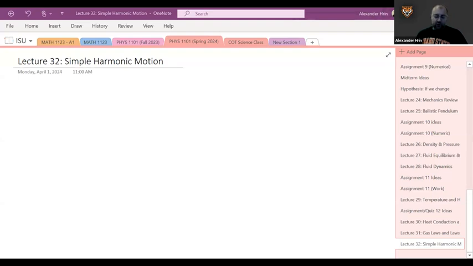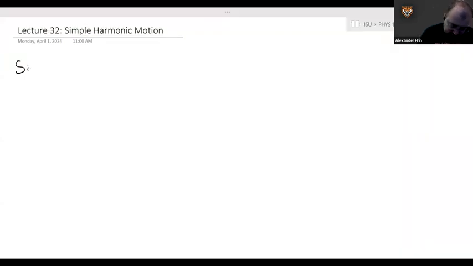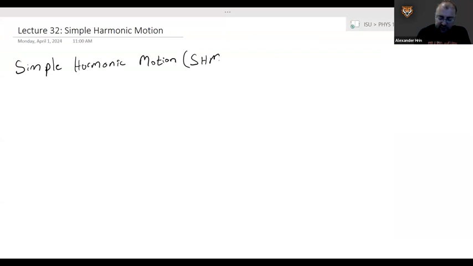All right. So starting off with simple harmonic motion, let's just give a definition. I'm just going to give a working definition for the moment. I'll also give an abbreviation; you'll see me use this occasionally throughout the topic.